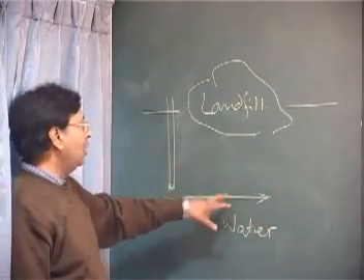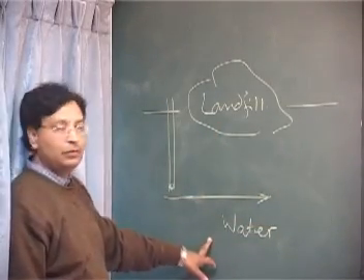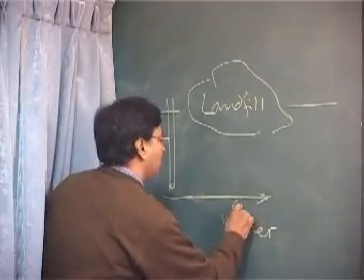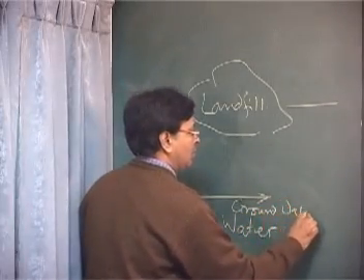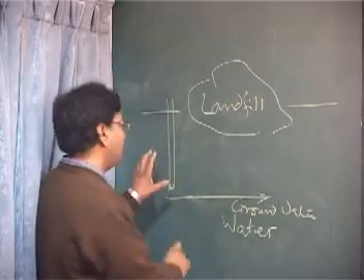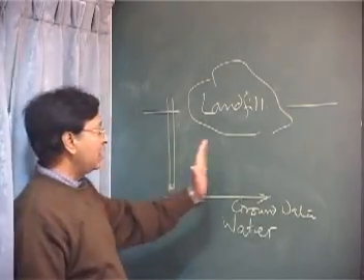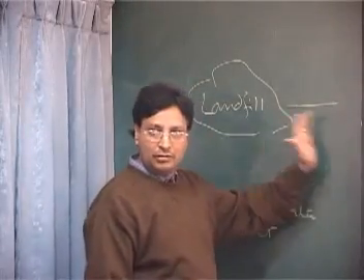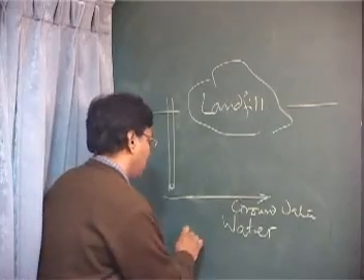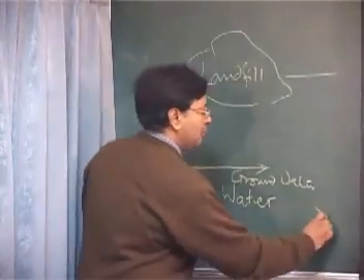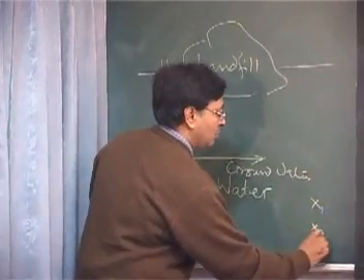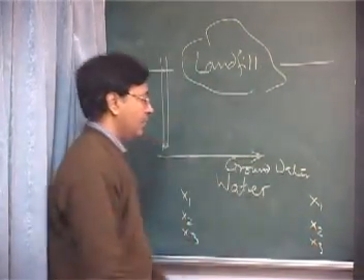They are saying this landfill is polluting the groundwater. So they take some samples at the upstream and some samples at the downstream. They took measurements 1, 2, 3, and again 1, 2, 3.